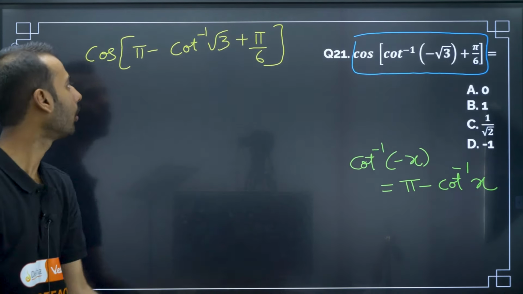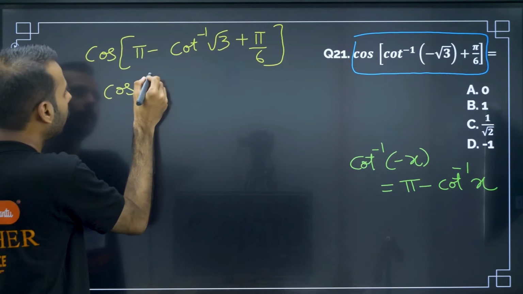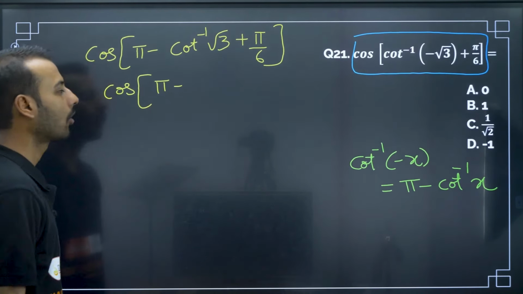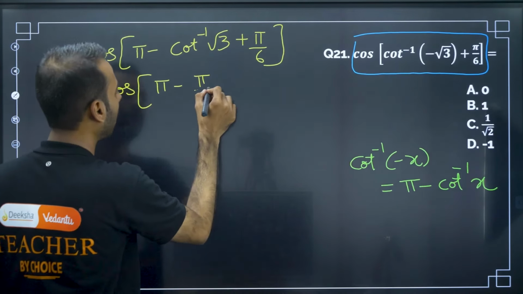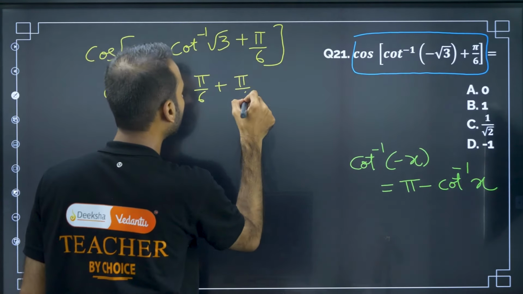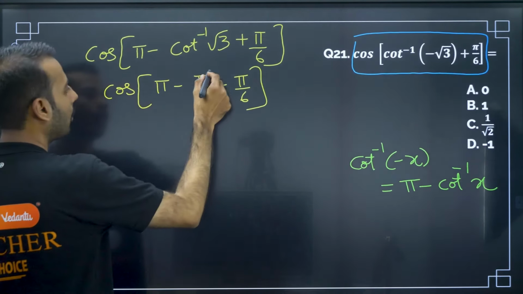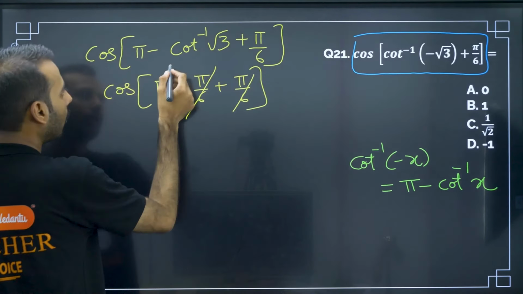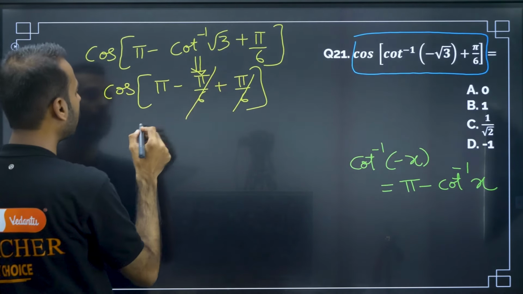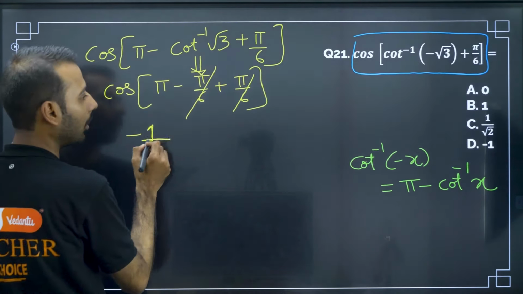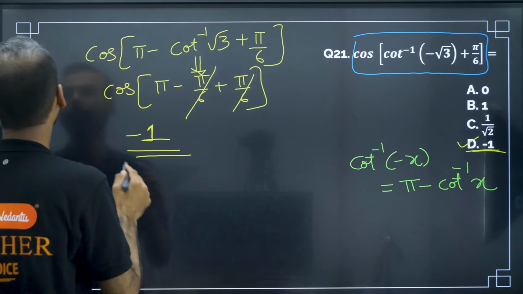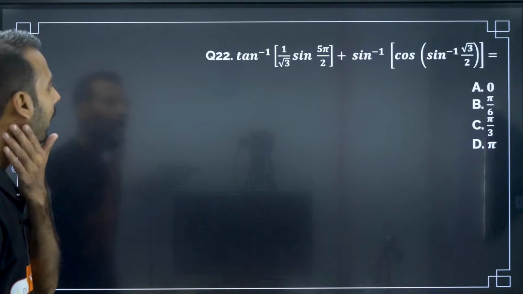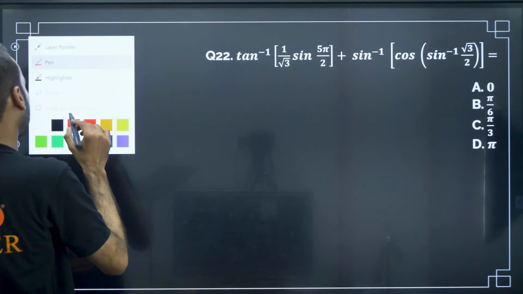Next, cos of pi minus cot inverse root 3. Cot inverse root 3 is pi by 6, so the minus pi by 6 and plus pi by 6 cancel, leaving cos pi, which is minus 1. Is there any such option like minus 1? Yes, D is the answer. Moving on to the next question. Tan of, they have given one expression.